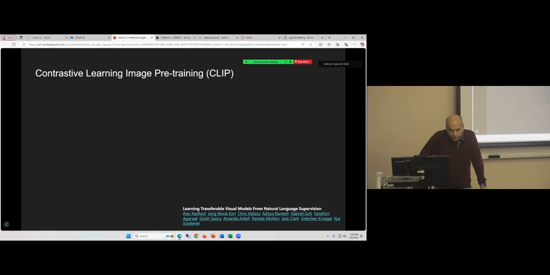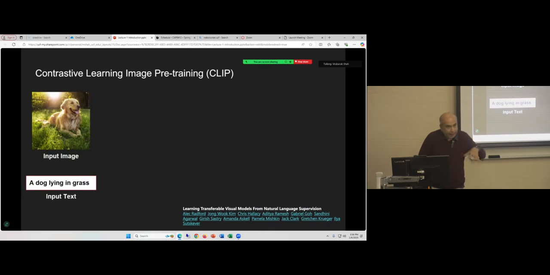CLIP is contrastive language-image pre-training. And again, the idea is very simple. You look at the input image and the corresponding text. There are lots of images and text on the web, right? People put images, they put a caption.